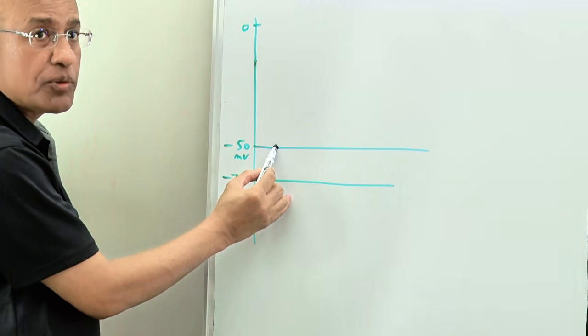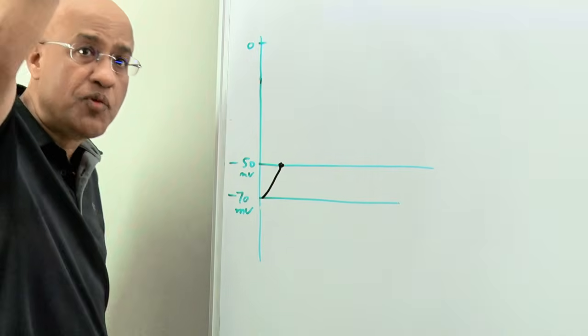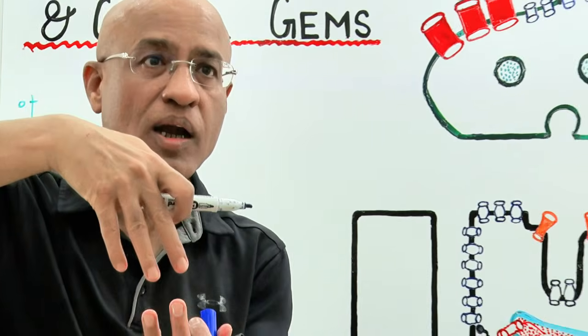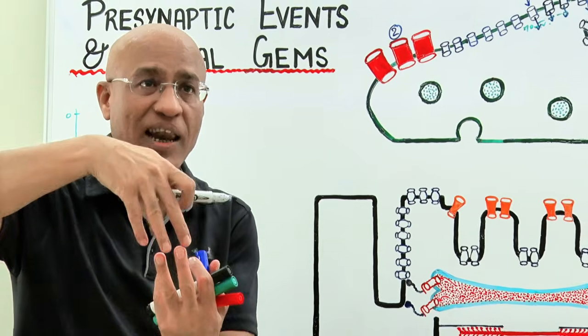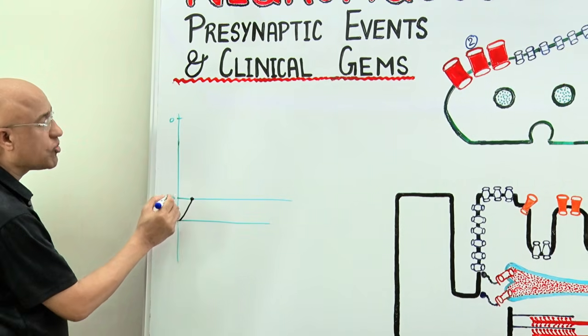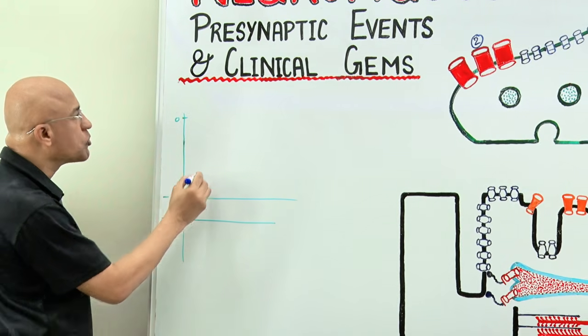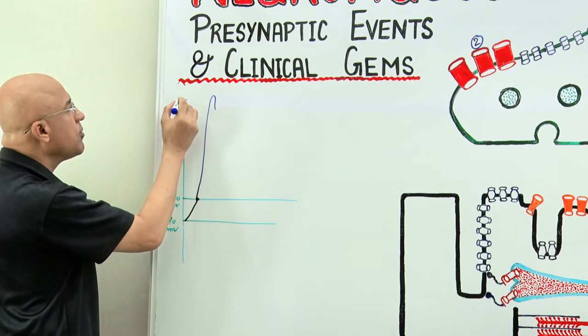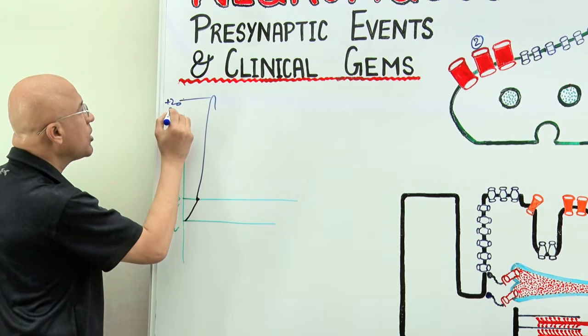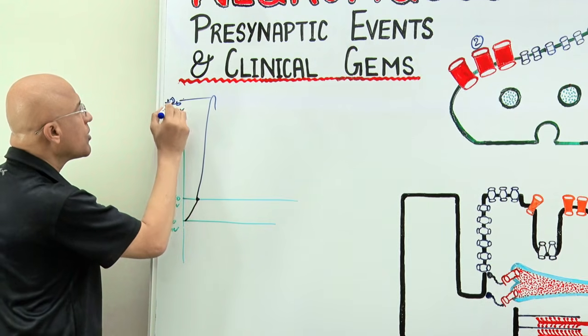When voltage gated sodium channels open, too much sodium very rapidly comes into the axon, into the cell, right? When it enters the cell, this electronegativity is lost and the potential moves towards positivity. Maybe it becomes positive 20 millivolts, right?